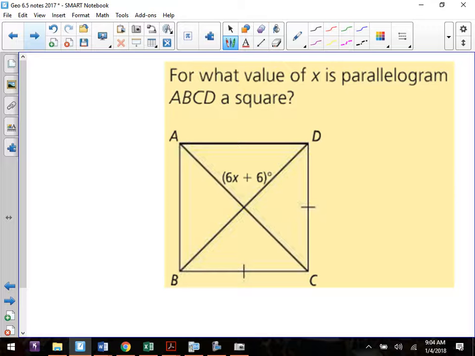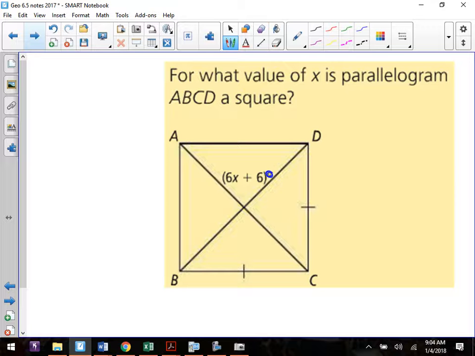Or the fact that it has a degree symbol? Everybody see that? Yeah, good. You're overthinking it. What's happening here is that this is the dead giveaway that it's talking about an angle.